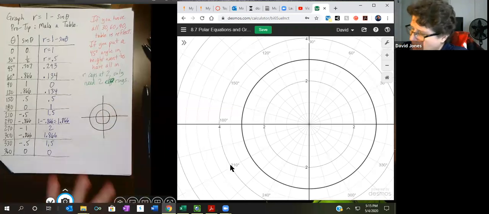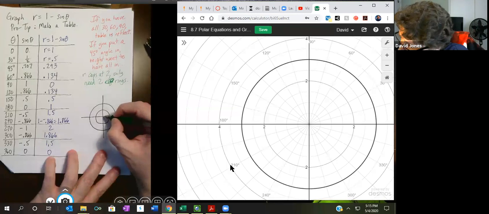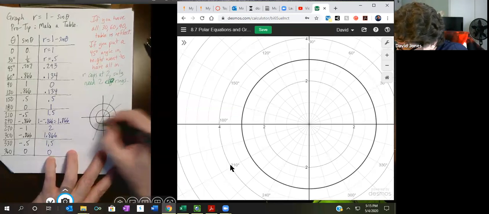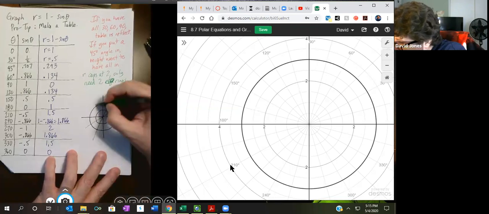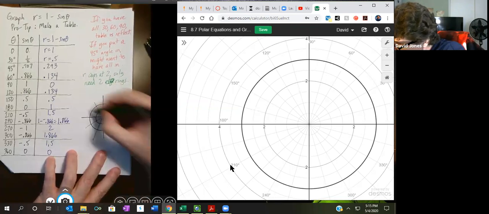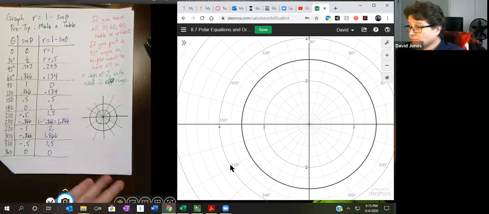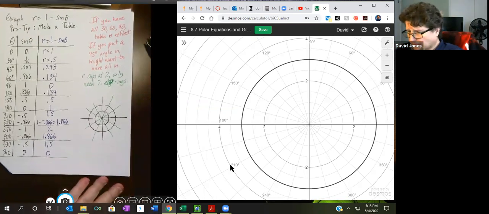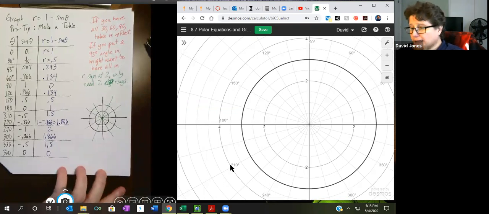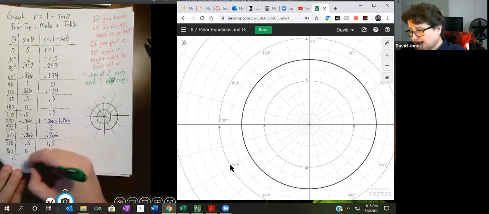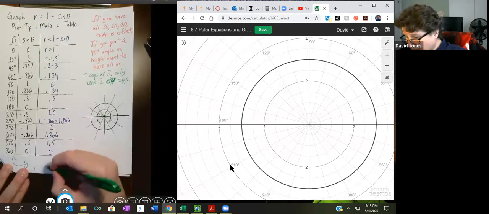I'm going to put my 30 and 60 degree lines in there. Okay, now literally I have, this is theta, this is R.